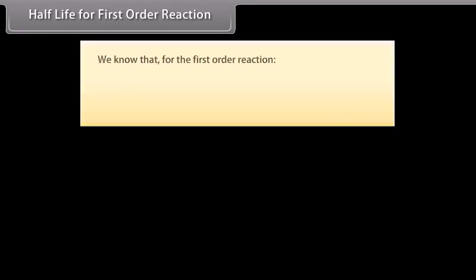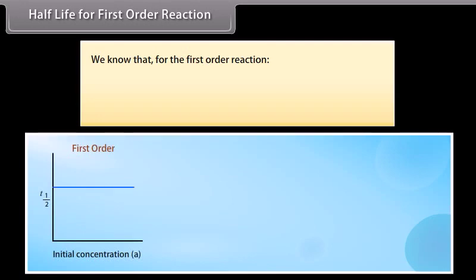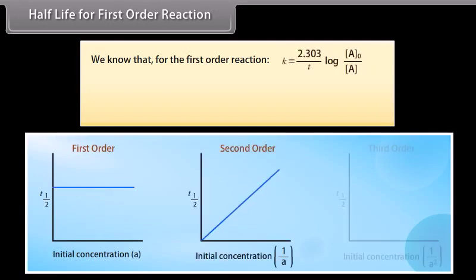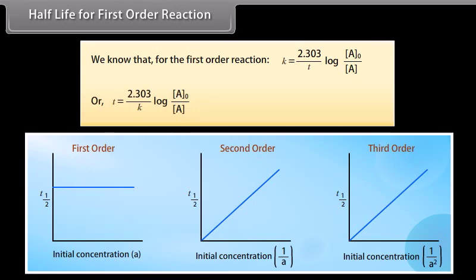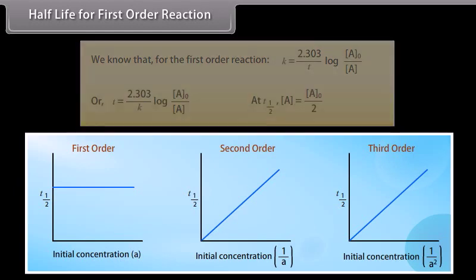Half-life for first-order reaction. We know that for the first-order reaction, K is equal to 2.303 upon T multiplied by log A naught upon A. T can be calculated from this equation as T is equal to 2.303 upon K multiplied by log A naught upon A. At T half, A is equal to A naught divided by 2.